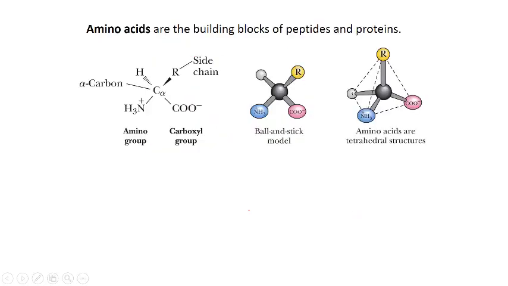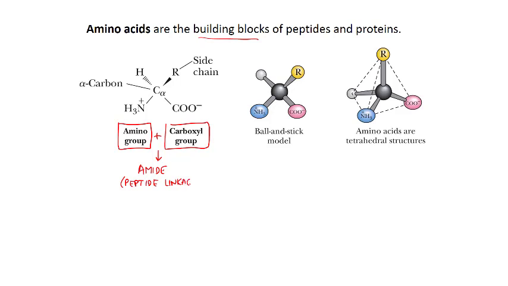All right, so this slide summarizes and shows you a nice little clean picture of all the different amino acid details that I've already been talking about. Amino acids are the building blocks of peptides and proteins. We have an amino group and our carboxyl group. When those two get added together, you get an amide. And again, in biochemistry land, we always use the term peptide linkage rather than amide, but they're the same thing.